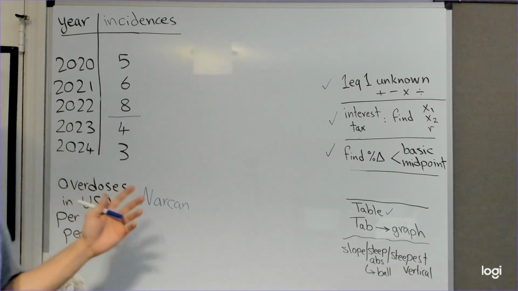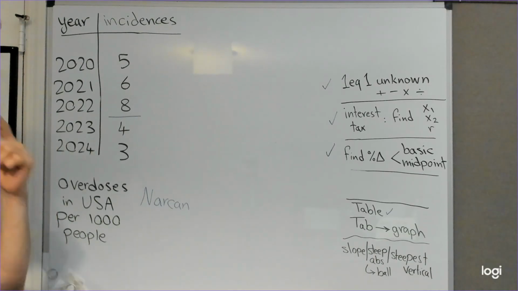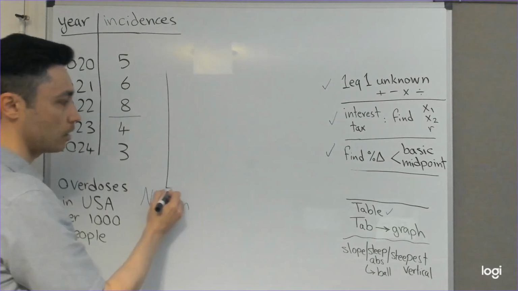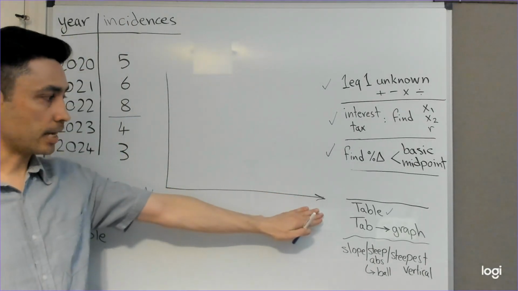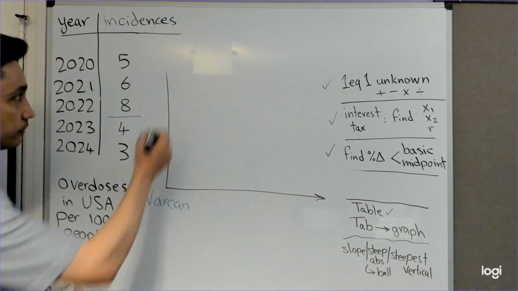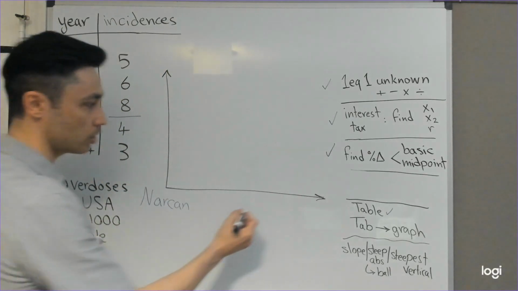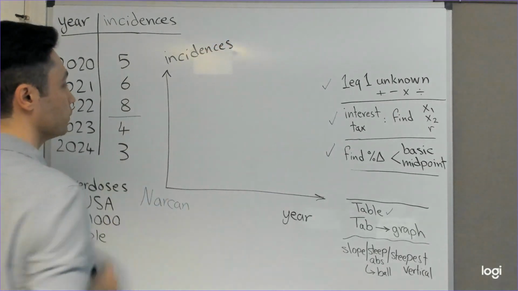If you have a table, you can transform the table into a figure, into a graph. Every time you want to do that, you need to make the decision about putting one of the two on the horizontal axis and putting the other one on the vertical axis. I think it makes more sense here to put year on the horizontal axis, and so the incidences would go on the vertical axis.